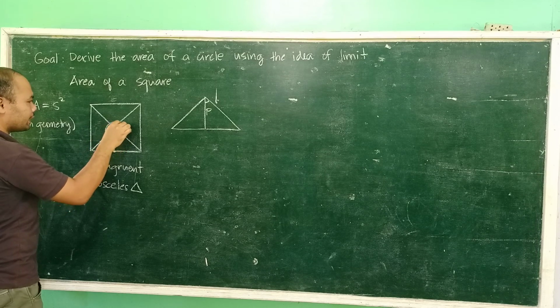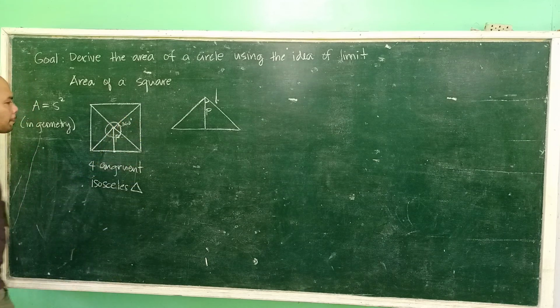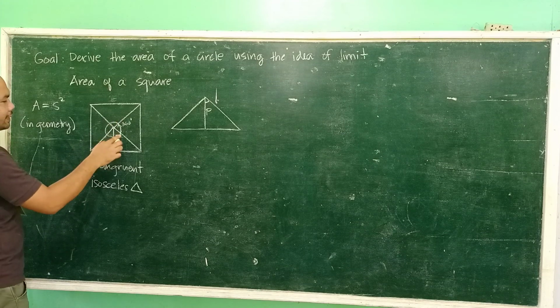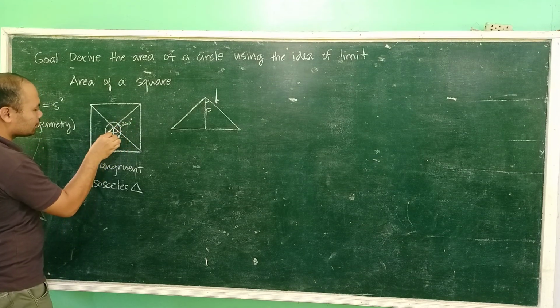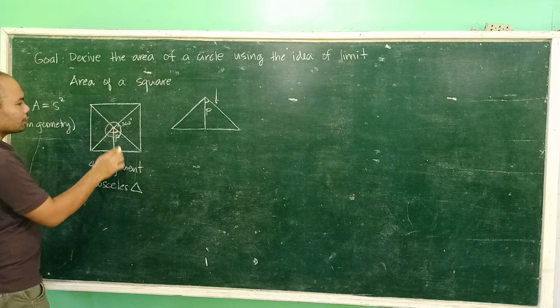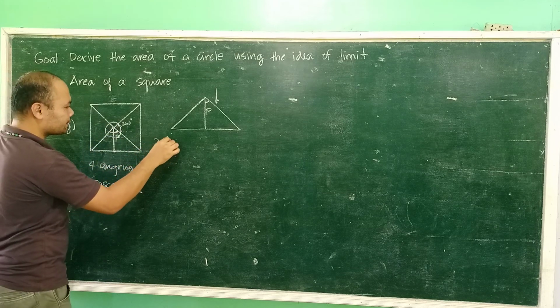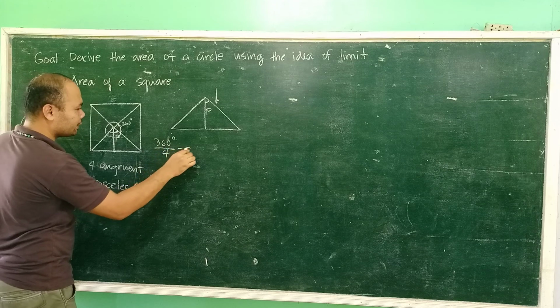Therefore, this part should only be 360 divided by 4, so 360 degrees divided by 4 is 90.